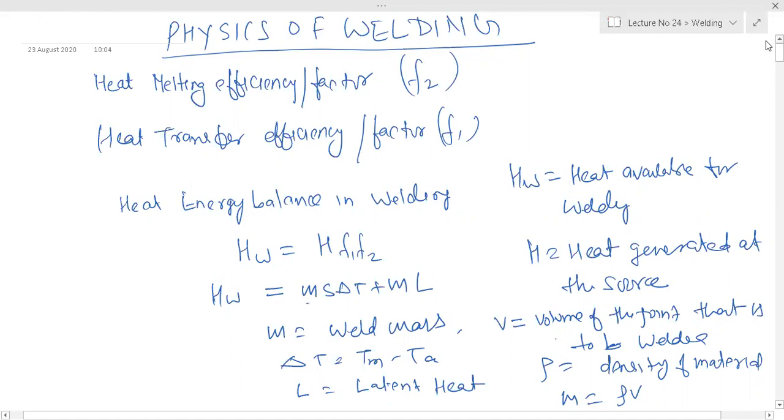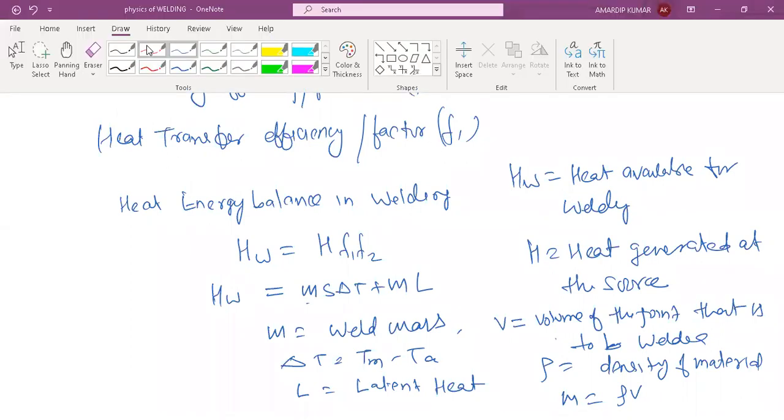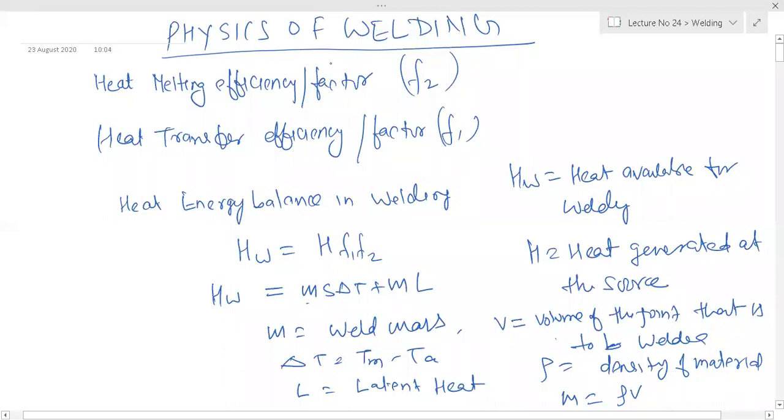We discussed the physics of welding. That was our GATE syllabus. So in the physics of welding, we understood two factors or two efficiencies: one is melting efficiency or melting factor, and the other is heat transfer efficiency, that is, thermal efficiency.